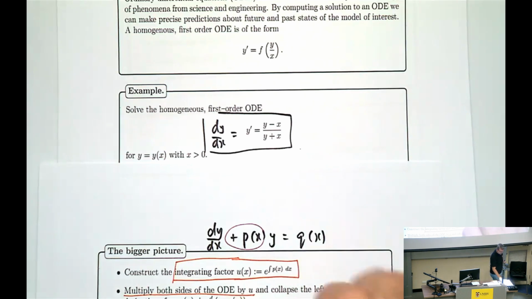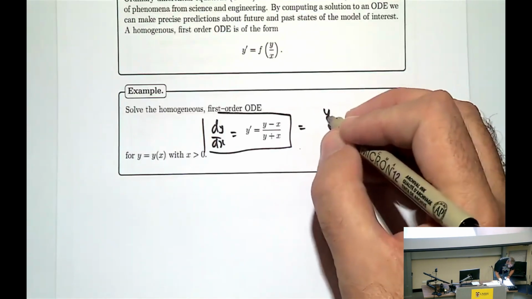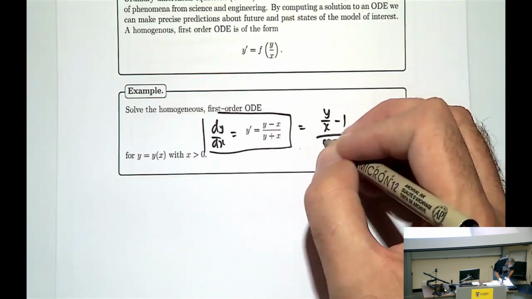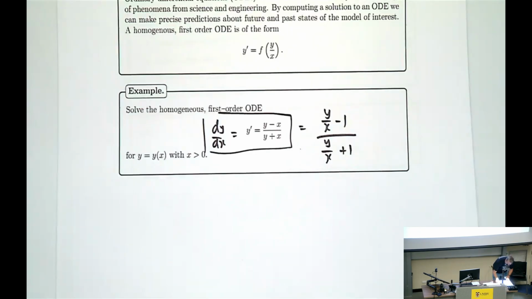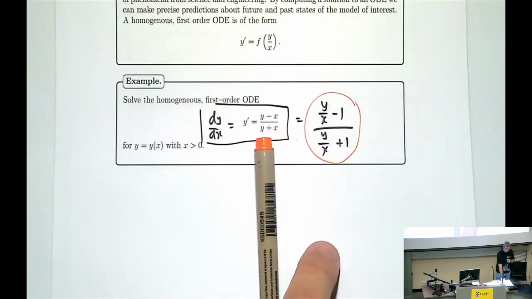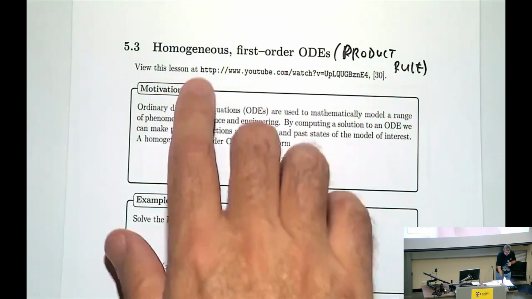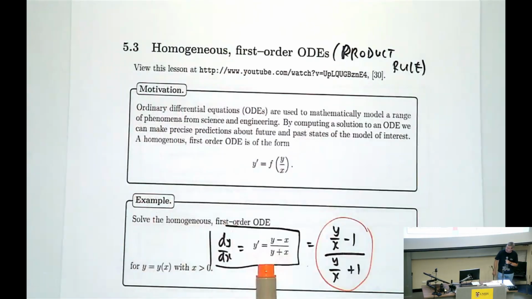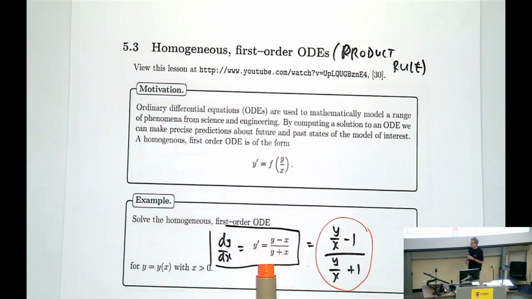In fact, if we write it like this, where I've just divided the right-hand side, top and bottom, by x, it's a general form called homogeneous first order. You can see this y on x is part of a general form.